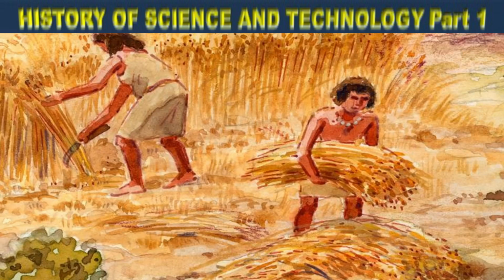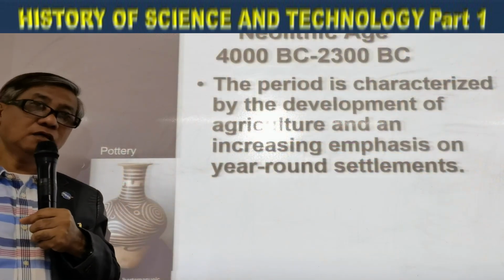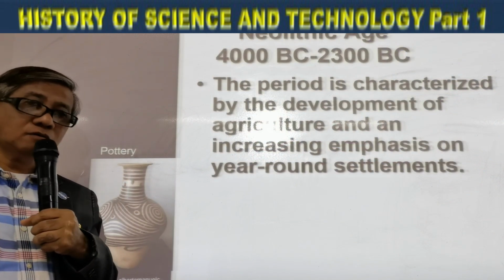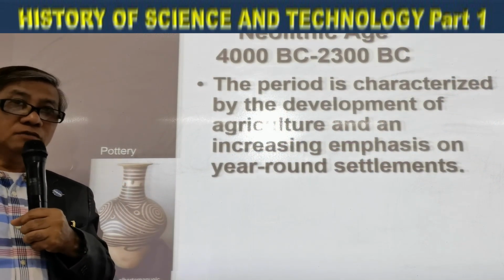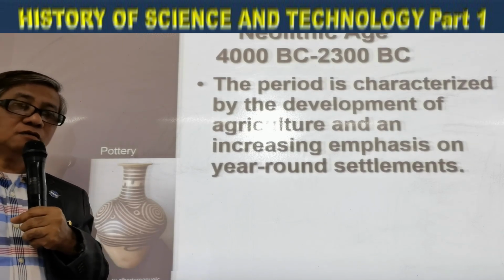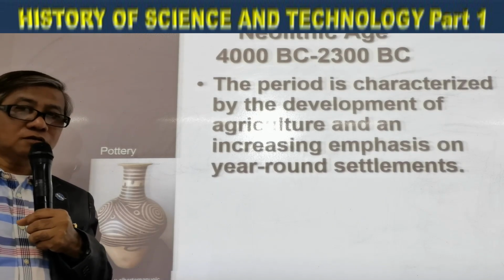Though agriculture started during the Mesolithic period, it was during the Neolithic age that agriculture really flourished. And an increased emphasis on year-round settlement. So mas dumami yung population, and because they already have a stable food supply, yun, mas dumami yung population nila.